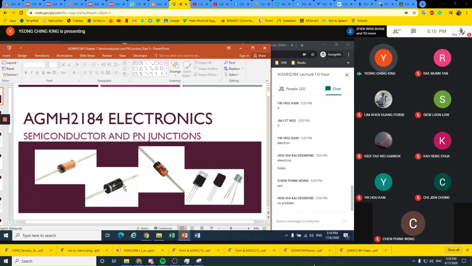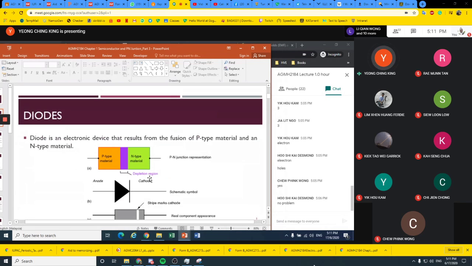And still remember that for diodes, we can use either silicon or germanium, these two types of material, to manufacture the diode. If you have a chance to go to the lab to do the experiment, normally we use this type, which is the silicon diode. And this type is the germanium diode. That means the material used.